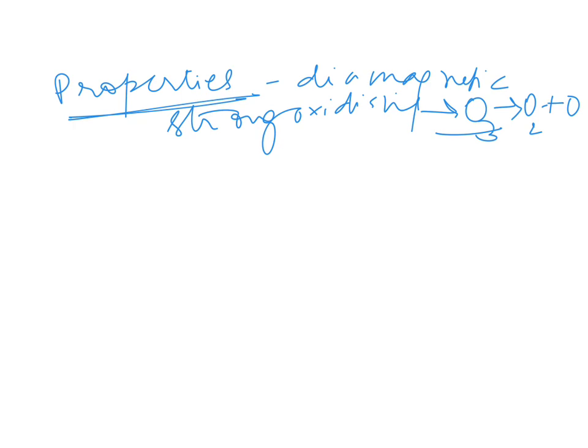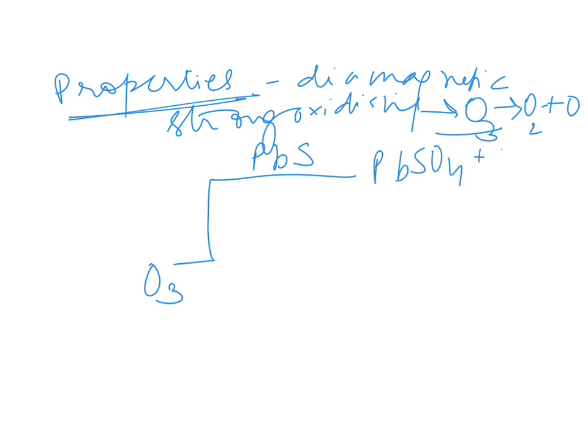Let us see some reactions of ozone, how it acts as an oxidizing agent. If we react it with lead sulfide, it will be converted to lead sulfate plus oxygen. Here sulfur is -2 and here it is +6. So the oxidation number is increasing, means oxidation is occurring.